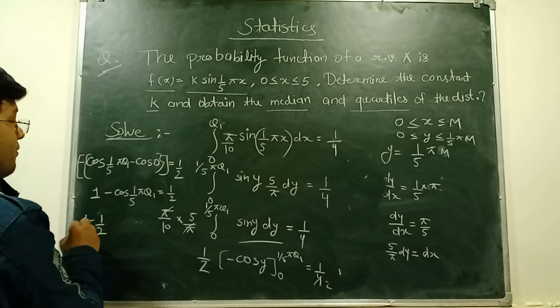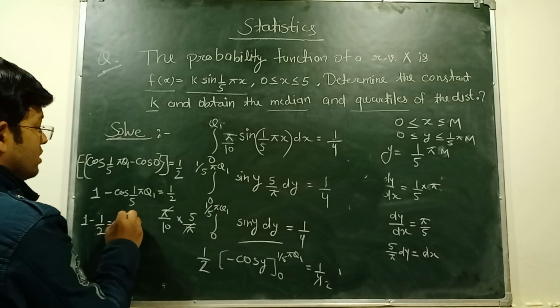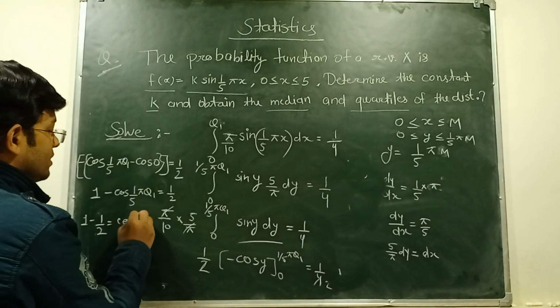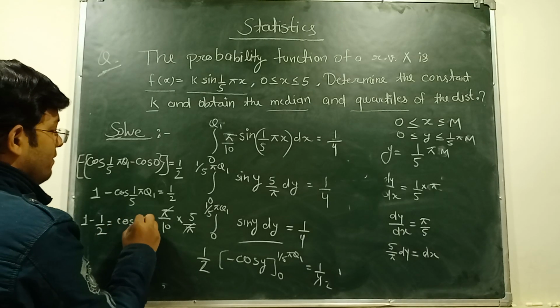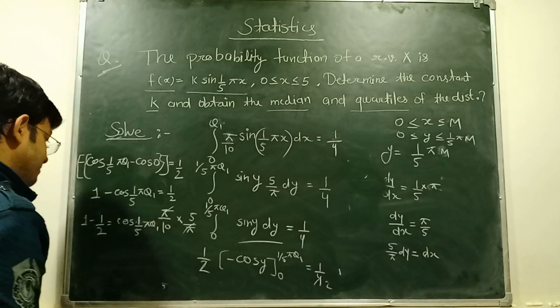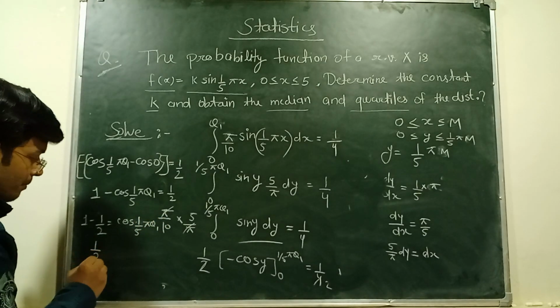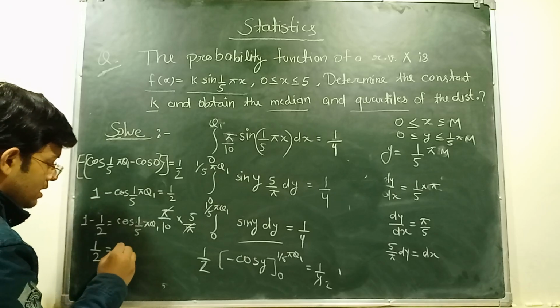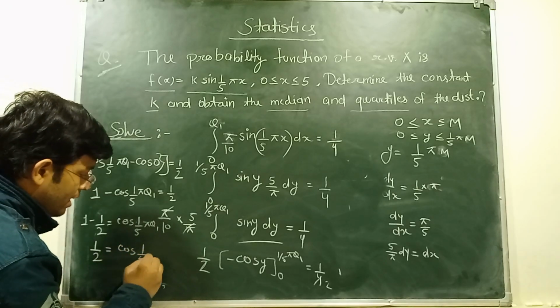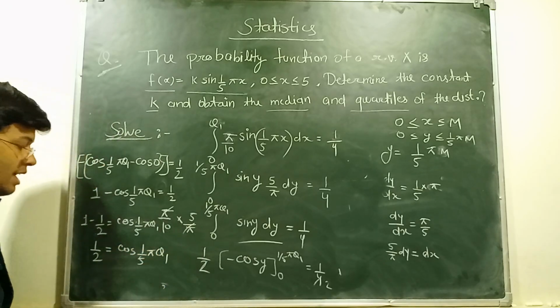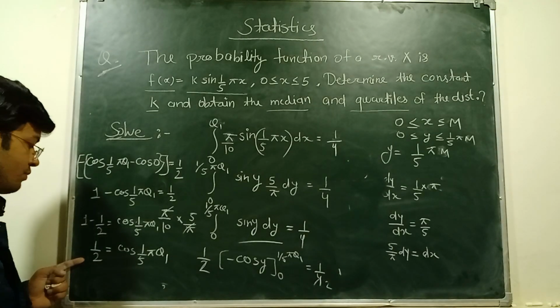We can write 1 minus 1 by 2 is equal to cos 1 upon 5 pi q1. So 1 by 2 is equal to cos 1 upon 5 pi q1.